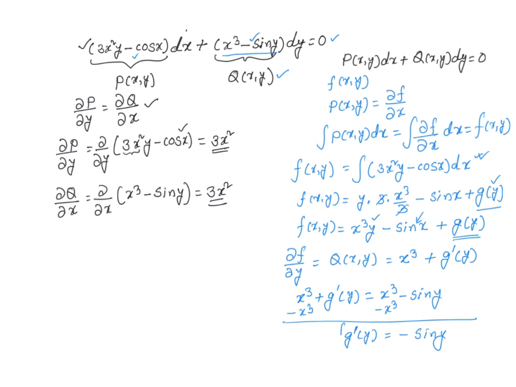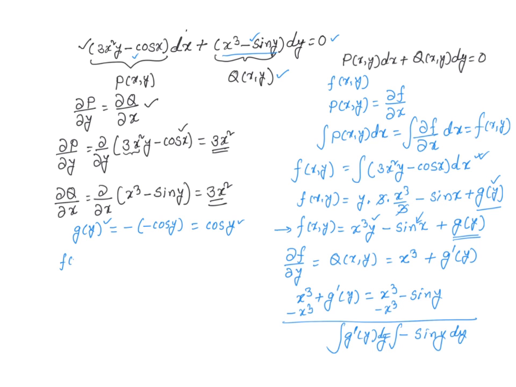Now I could integrate g prime of y with respect to y. The integral of g prime of y dy is equal to the integral of negative sine of y dy. The integral of g prime of y dy is nothing but g of y, and that is equal to negative the integral of sine of y dy. That's going to be negative of negative cosine of y, which is just cosine of y. So I could take this, g of y equal to cosine of y, and plug it into this equation.